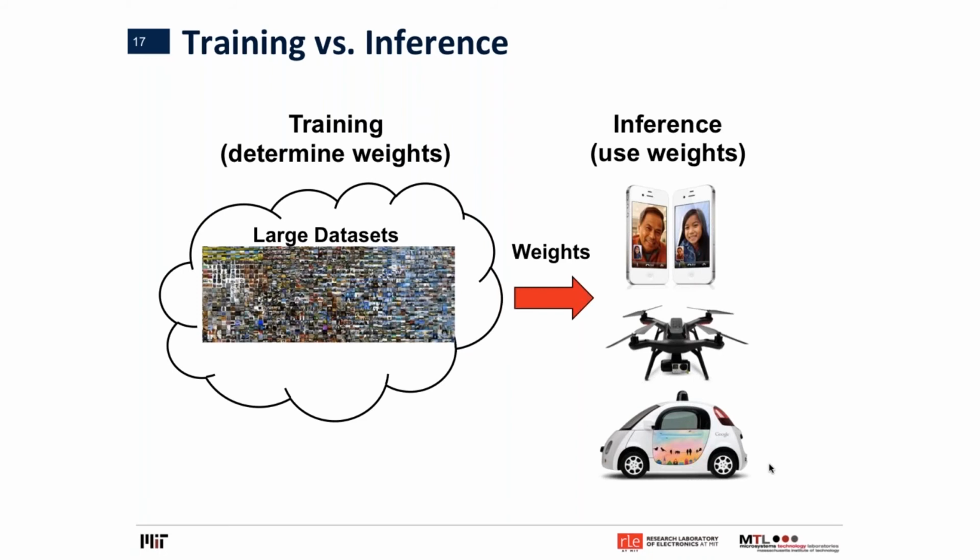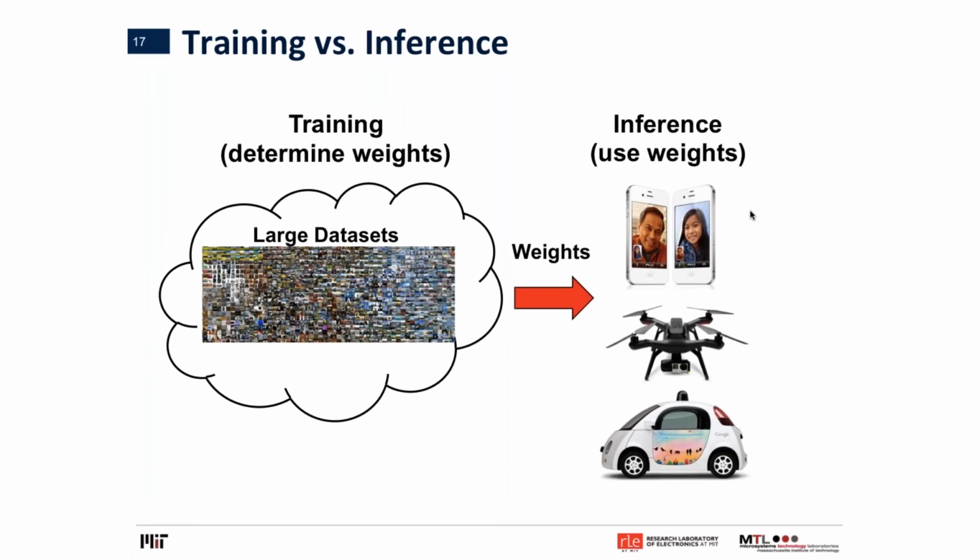And then when you actually want to use the neural network that you've trained on these large data sets, you perform a task that we call inference, and this typically works on embedded devices. So you would download the trained weights from the cloud onto these devices, and then use these weights to perform the convolution. So in today's webinar, we're going to primarily focus on the inference task itself, because that's typically what occurs on these embedded devices.